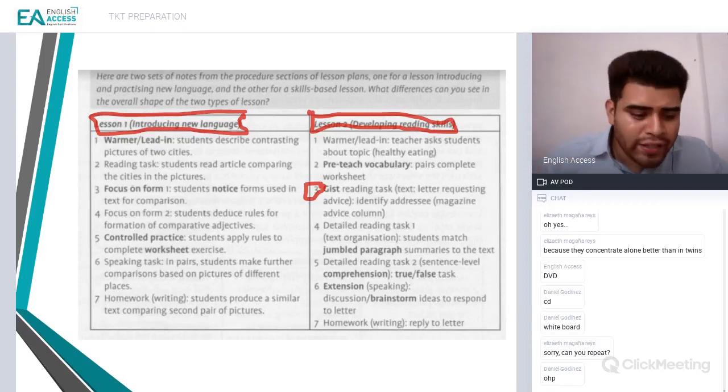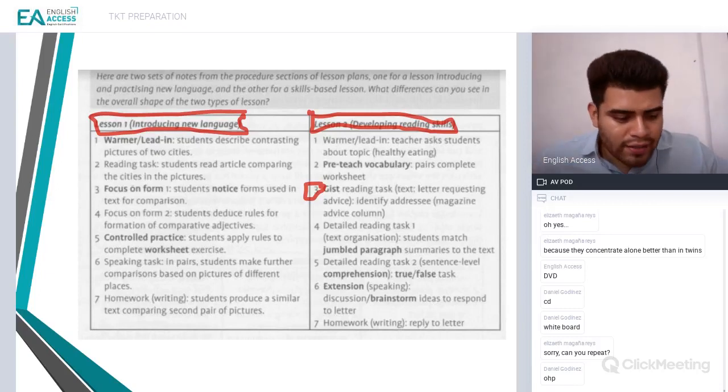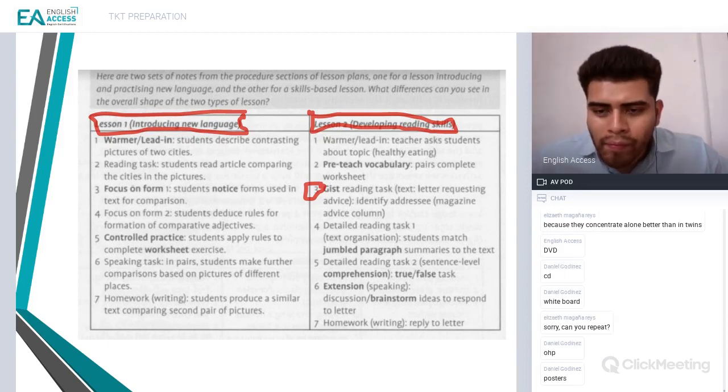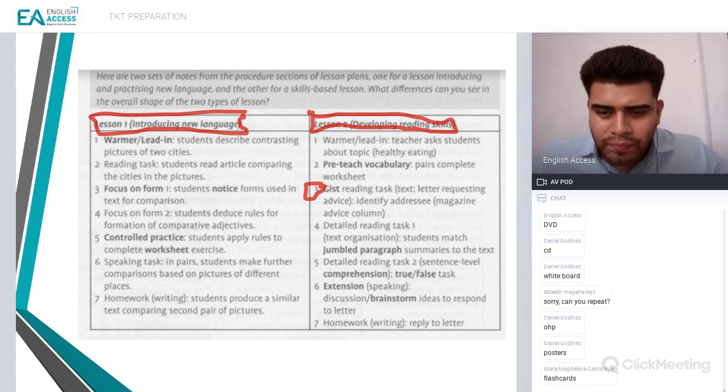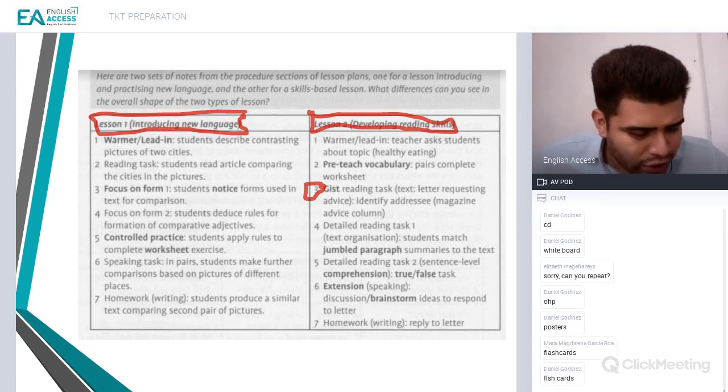What teaching aids can we bring to the class? OHP, posters. Nice, nice. Flashcards.